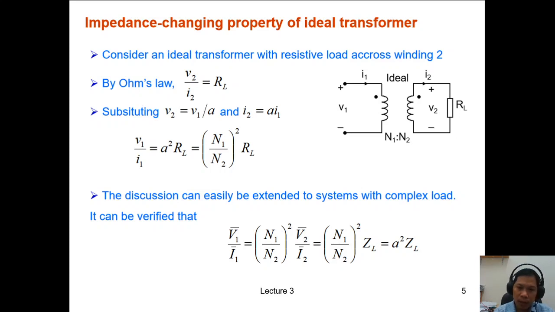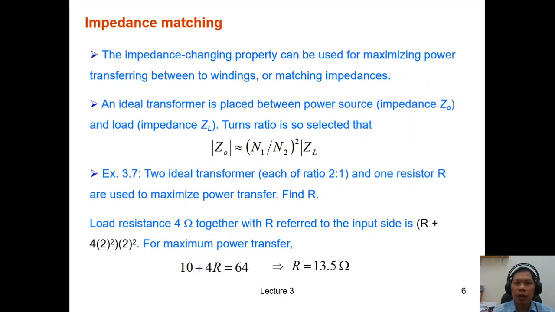Similarly, an impedance ZL on coil 2 will be converted into a squared ZL on coil 1. That is called the impedance changing property of the ideal transformer, and we can use that property to do impedance matching.